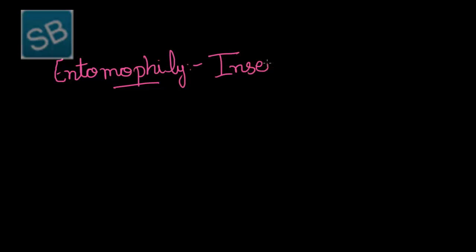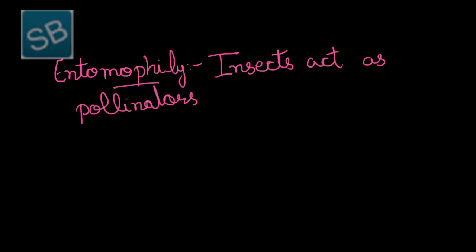The fourth and the final type of pollinating agent is insects, and the study of pollination caused by insects is known as entomophily. Therefore, when insects act as pollinators that cause pollination, then the process is referred to as entomophily.